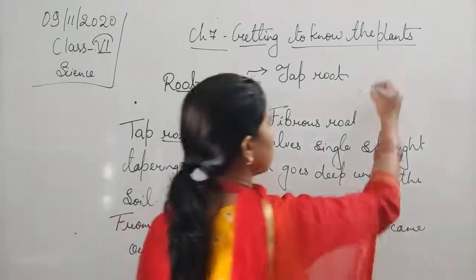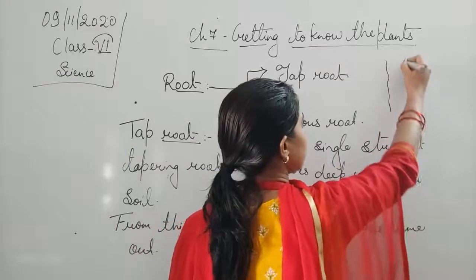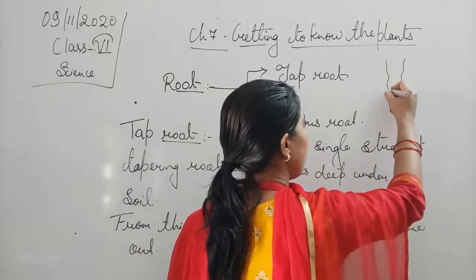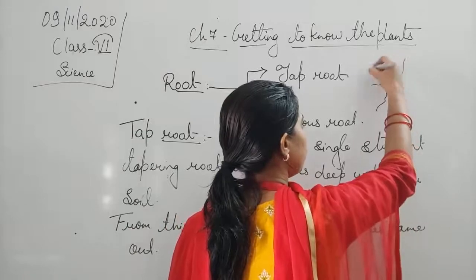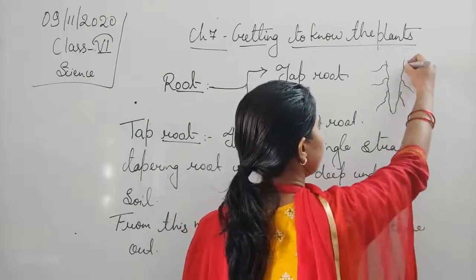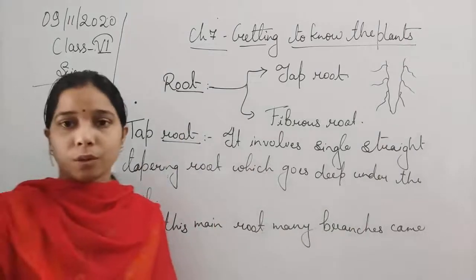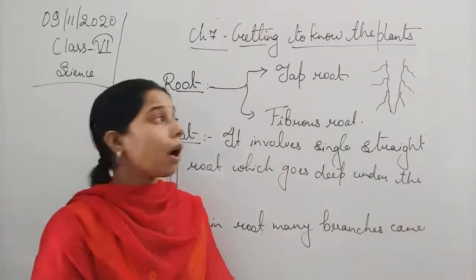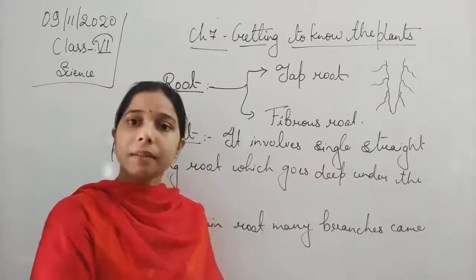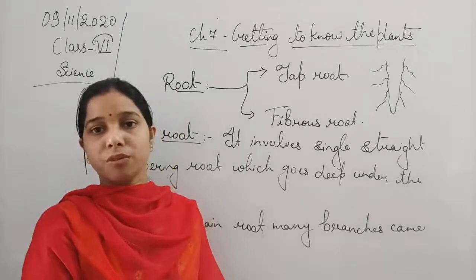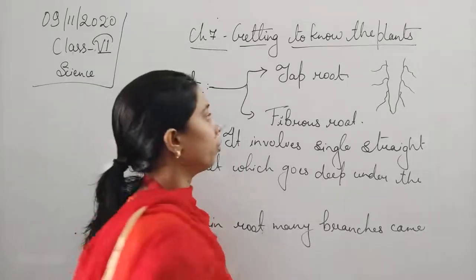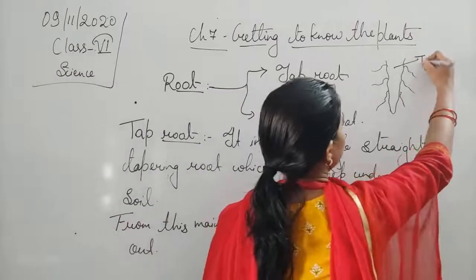Okay, so if this is the root, students, from this root other small branches of the root come out. Such a kind of root, which involves a main root and branches of roots in it, is known as a taproot.